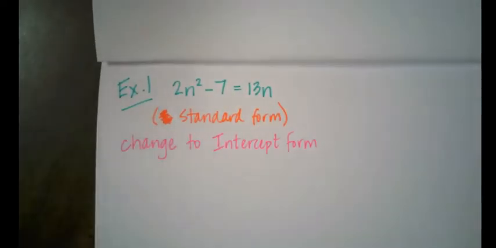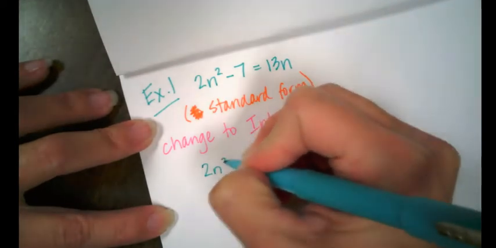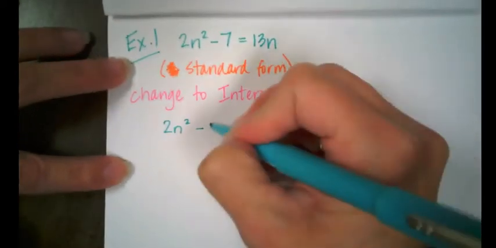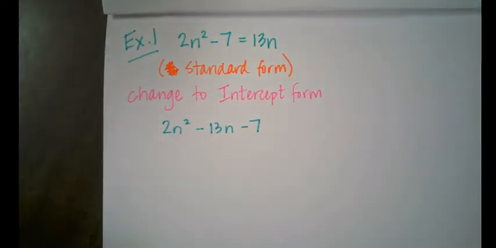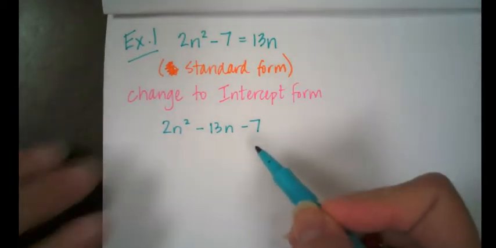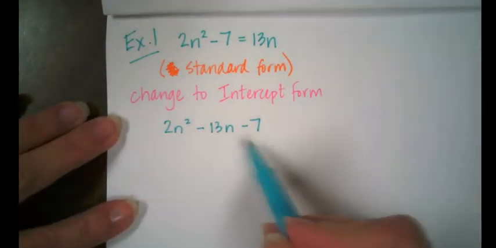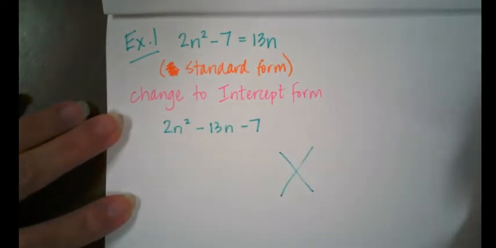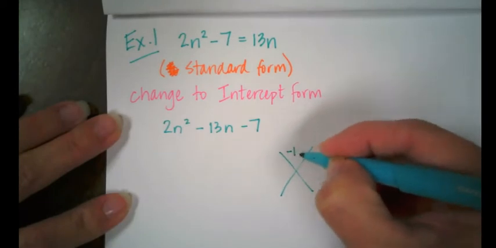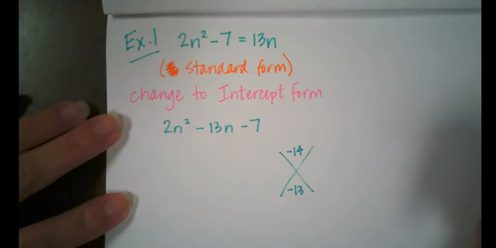So to get intercept form, all we have to do is factor. So I'm going to move everything over to the left side. So that will give us 2n squared minus 13n minus 7. And then all we need to do here is factor. So I look for a GCF. I don't see one. This is a trinomial with a leading coefficient. So if we want to do this, we need to multiply to get a negative 14, but combine to get a negative 13.